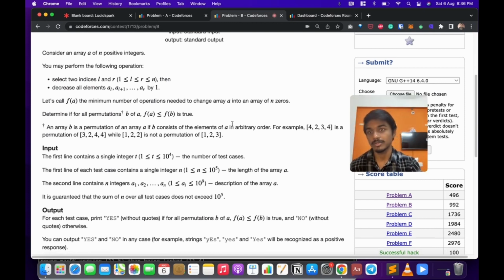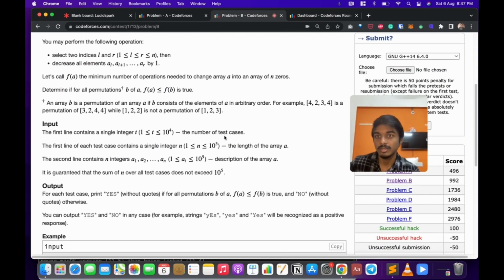From the following operation, select two integers and then decrease all elements AL to AR by 1. What is this sign? What is it called?